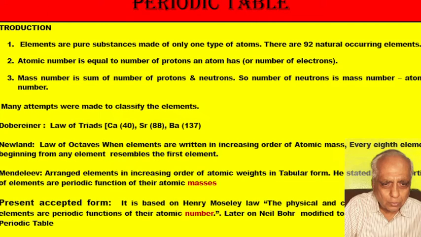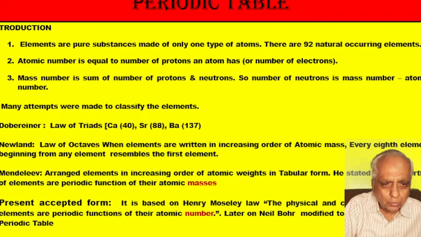With this, they thought that our purpose had not been served. So then Dobereiner made the law of triads. He said that we can have 3 elements having similar properties, and he noted that the average of the extremes is the atomic mass of the middle.